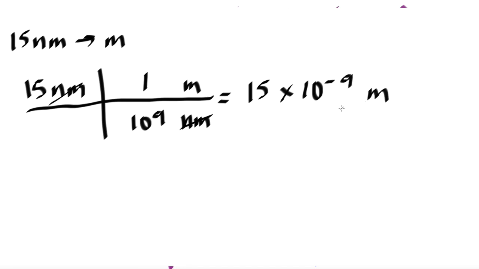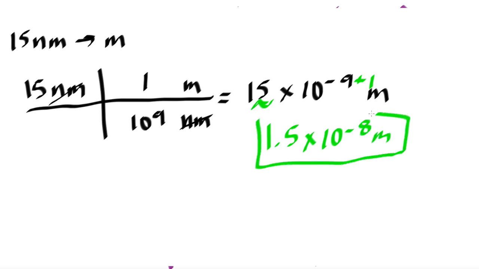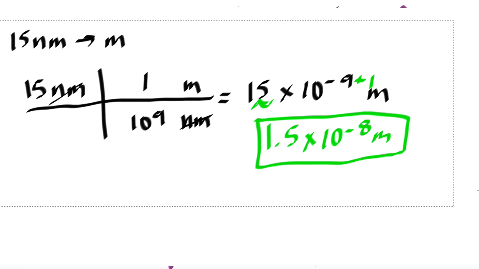We can't leave it like that. So we're going to move the decimal one place this way, so you add 1 here, and that's 1.5 times 10 to the minus 8 meters, same thing we had before. If you're interested in the scientific notation, there's the logistics of it. If not, just plug it into your calculator like I did previously. Let's go to the next one. Just a couple more left.